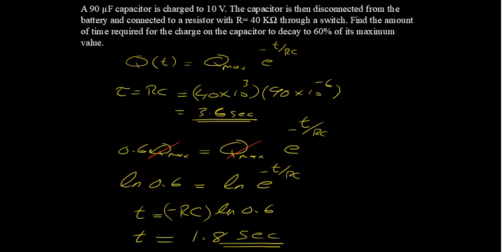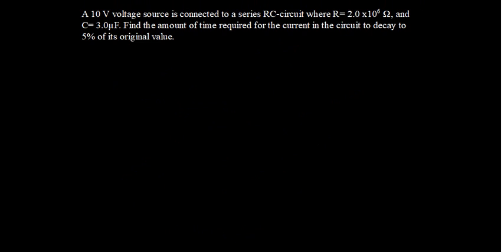All right, so that is one example. Another example we can solve in this video: a 10 volt source is connected to a series RC circuit, where R is 2 × 10⁶ ohm and the capacitor has 3 microfarad capacitance.